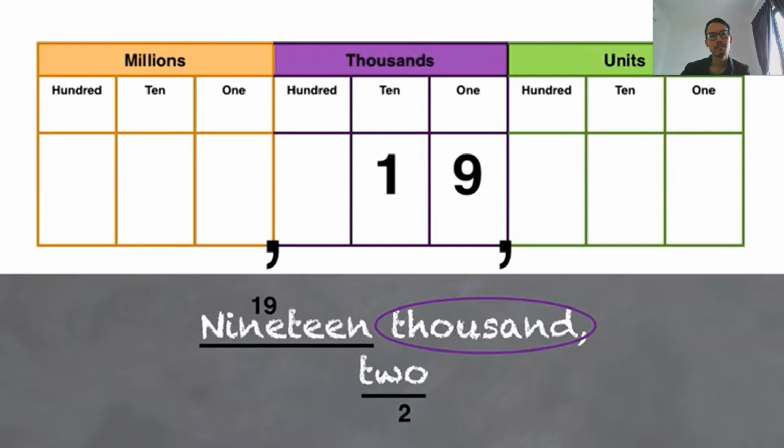This is where students often get confused. Ask them, would that be 2 hundreds, 2 tens, or 2 ones? Once they write the 2 in the ones place, you will need to discuss that they will need to put zeros to hold the hundreds and tens places, because if they don't write the zeros, the number would be 192, which they should quickly see has a much different value than 19,002.